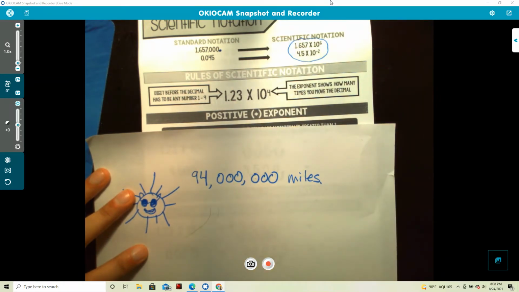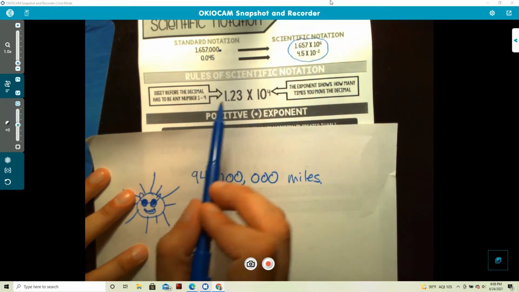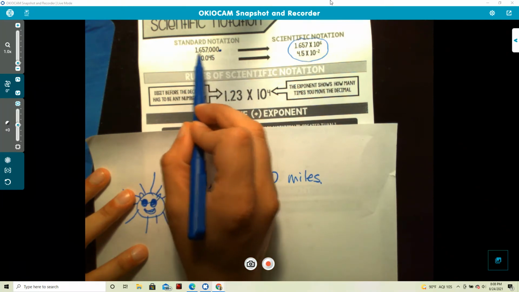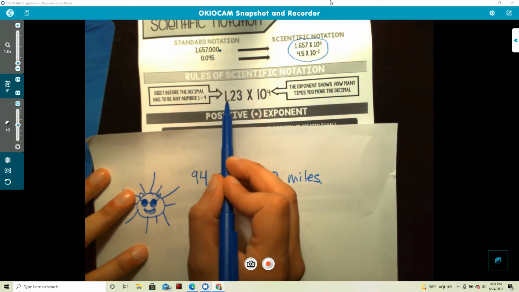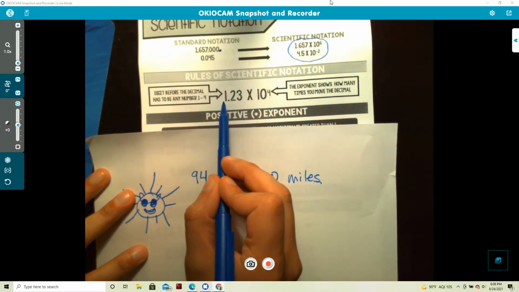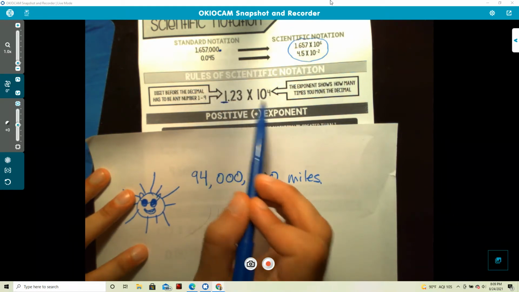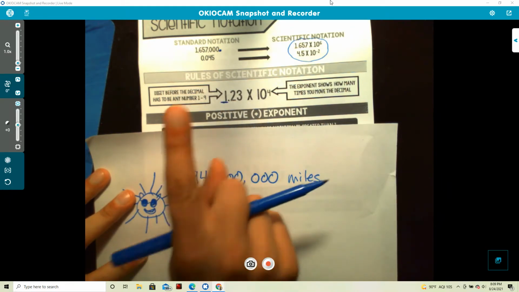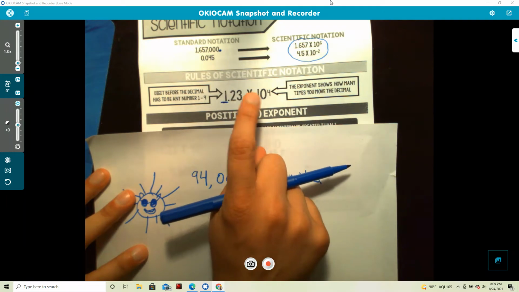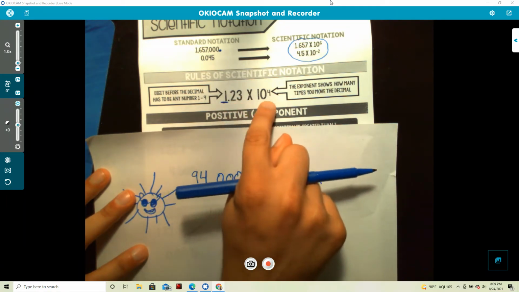If we were to move it, we can only move the decimal to where there's only one digit expressed on the left side of the decimal point.